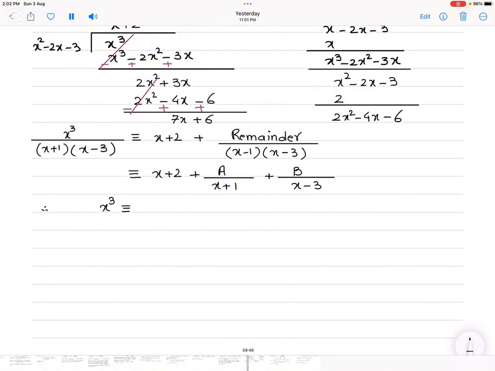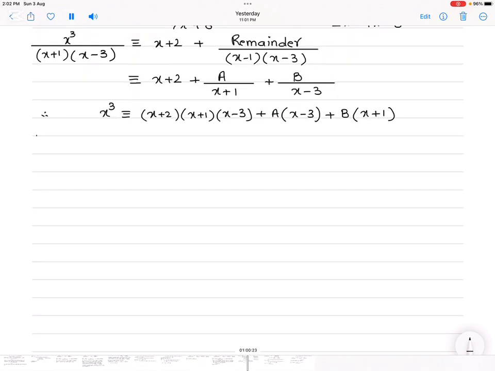Therefore x³ is identical to (x + 2)(x + 1)(x − 3) + A(x − 3) + B(x + 1). By mistake I have written x − 1 in the denominator for the remainder, so you better correct it.